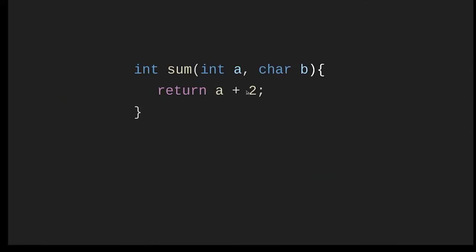It sums a plus 2, and then we do nothing with the b. It's fine. The b is not used. Perfectly valid function. Even if b is not used, a has been defined, so anything inside here has been defined. There's rules about scoping, which we'll deal with later, which is, for now, you don't need to know what exactly that is.